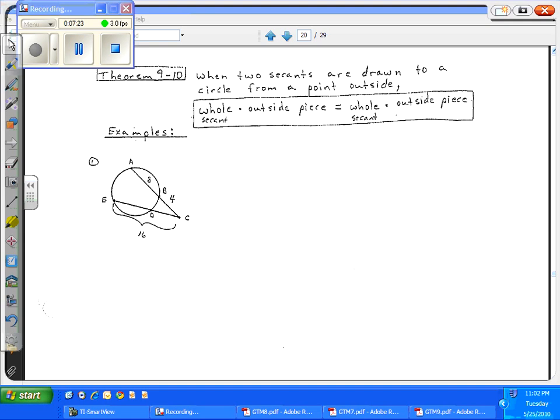Okay, we have two secants drawn to a circle from the point outside. So this whole secant, 16, times its external segment, DC, is equal to this whole secant, which is 8 plus 4, which is 12, times its external segment, 4.